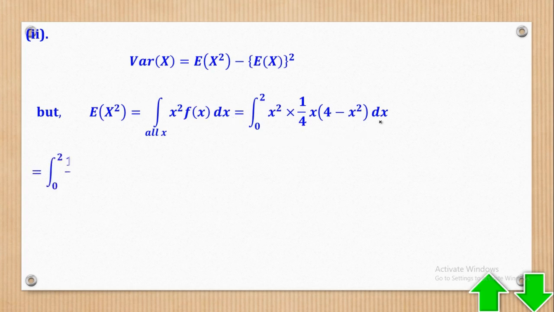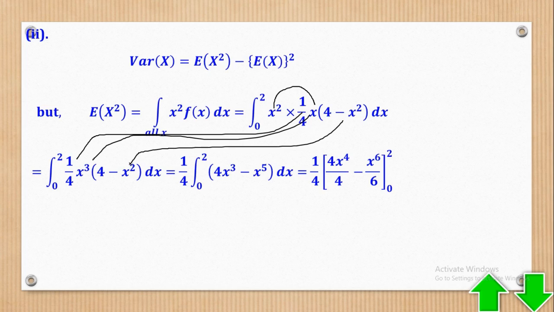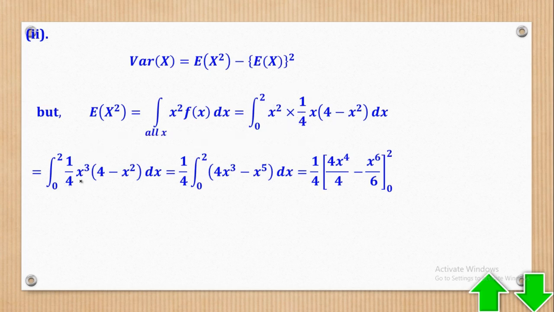So I'm going to multiply, so X squared times X gives me X cubed. That is why you see X cubed here. This a quarter is this a quarter, and this bracket is that bracket. Still we cannot integrate this because there is a product between these two brackets.